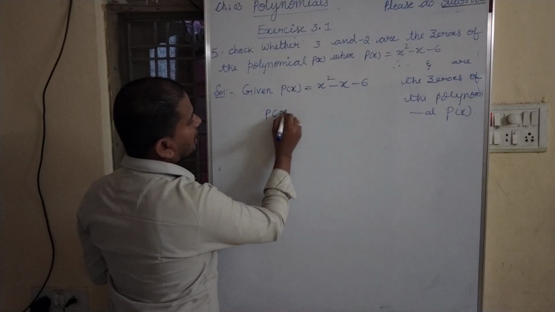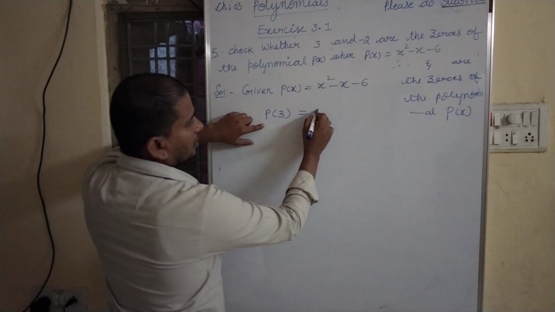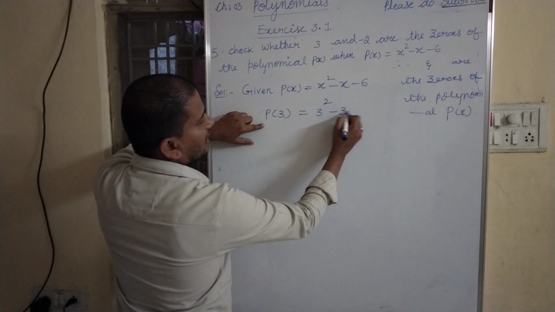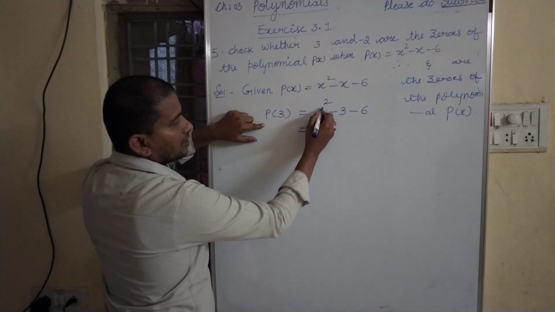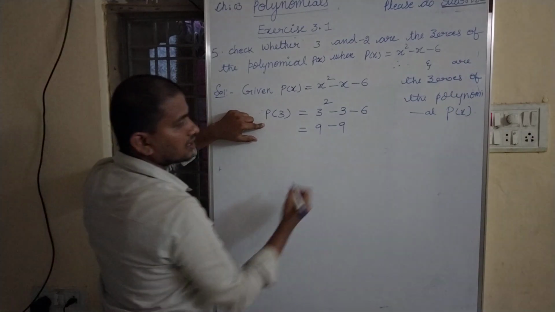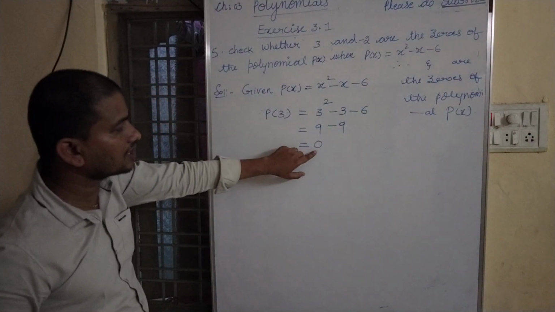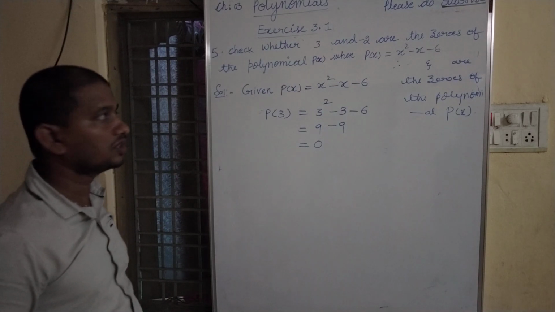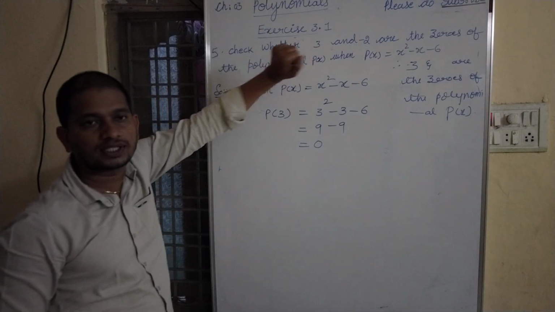Let us find the value of the polynomial at 3. I mean x value 3: 3 square minus 3 minus 6. What is the value of 3 square? 3 into 3, 9, minus 3 minus 6, minus 9. 9 minus 9, 0. We got the answer 0. Therefore, 3 is a zero of the polynomial p of x.